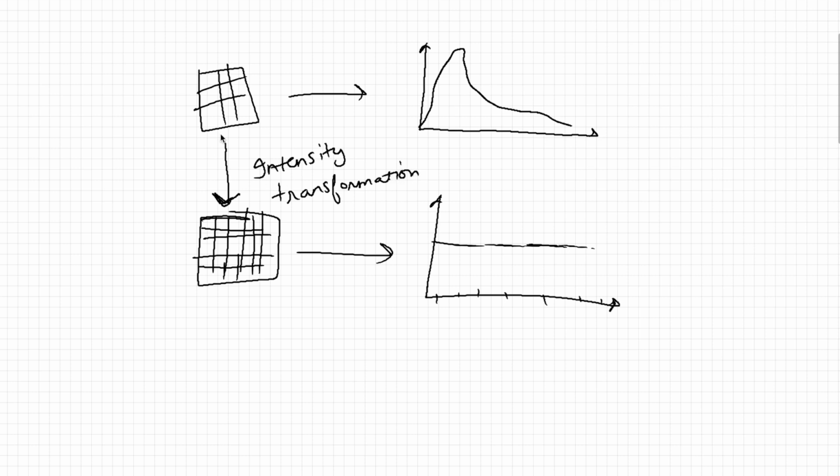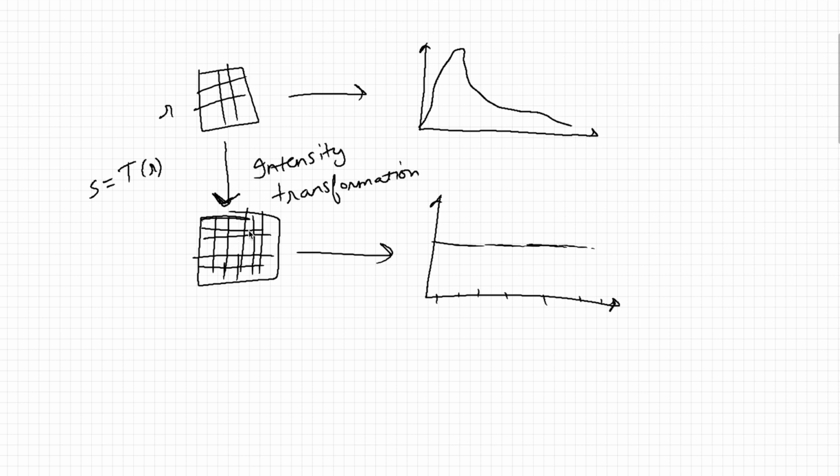What it means is that, given the intensities in this image, which we'll call R, we can apply a function T of R, which will give us S, and this S represents the pixels of the new image.